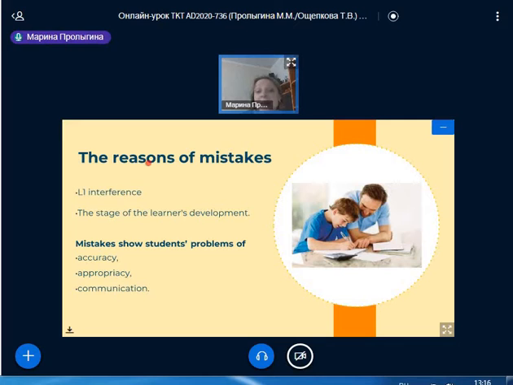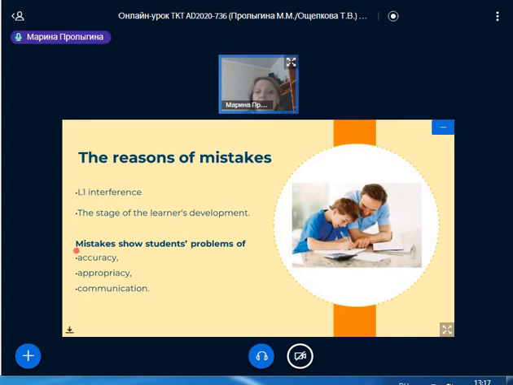And the second reason is the stage of the learner's development. So they are not mature enough not to make mistakes. And of course, this can have a lot of different examples and implications, and other languages' interference can also influence different aspects of learning and speaking and writing in the foreign language.